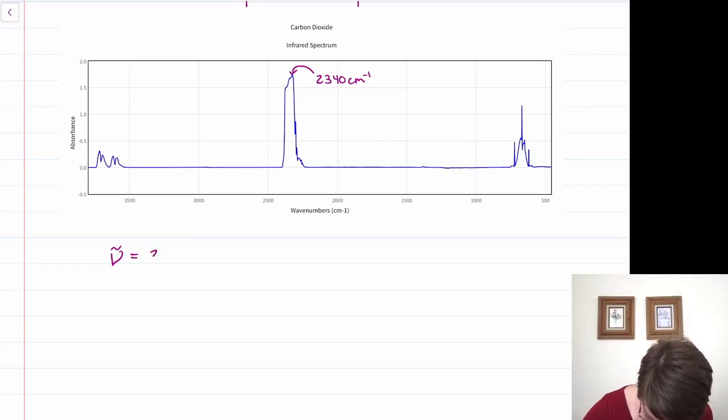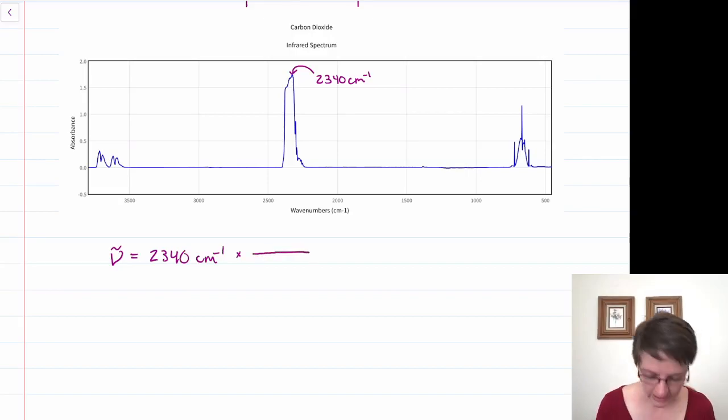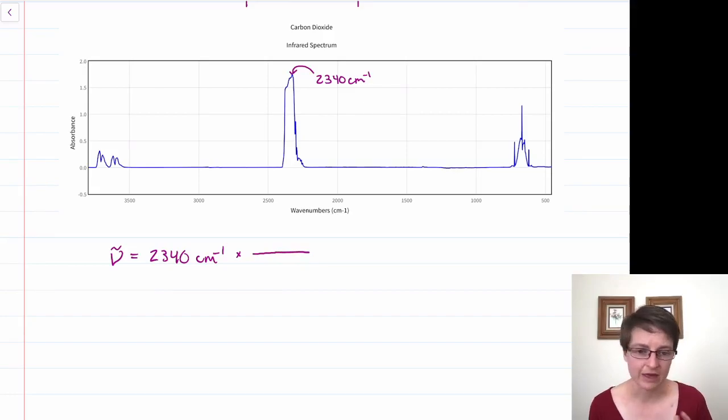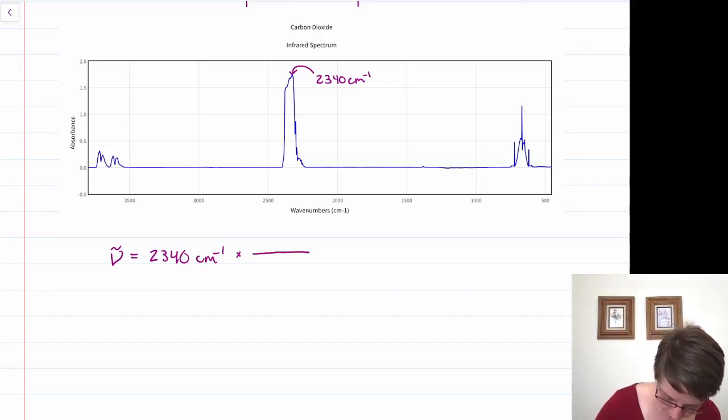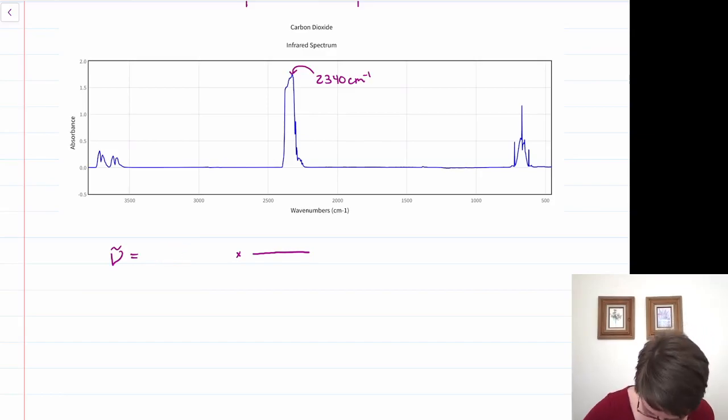If our wave number is 2340 inverse centimeters, the first thing that we want to do before converting to our photon energy is put everything in SI units so that our energy will ultimately end up in joules. Let me write this as 2340 divided by centimeters.